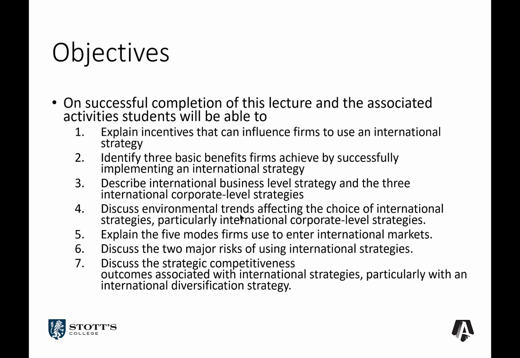We're then going to look at environmental trends that affect international strategies, particularly focusing on those international corporate level strategies. Then 5 market entry modes, discuss the 2 major risks of international strategies, and then look at strategic competitiveness outcomes from international strategies, particularly in international diversification strategy.